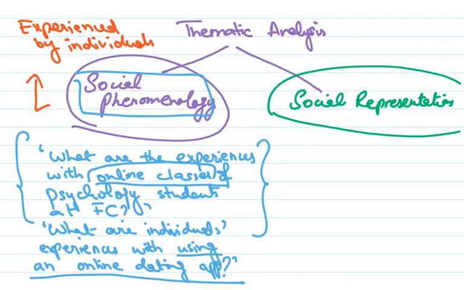Whereas, when you're using a social representations kind of approach, you're looking at how a phenomenon is represented. What does this mean?